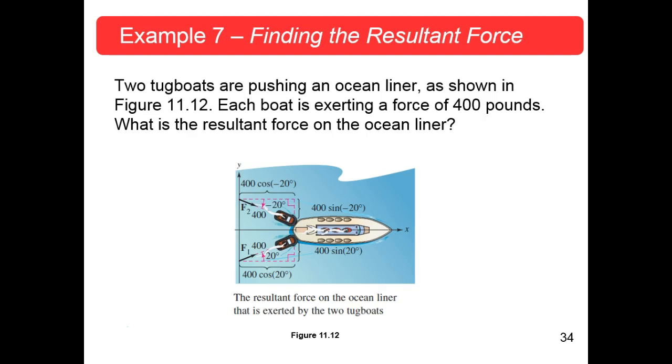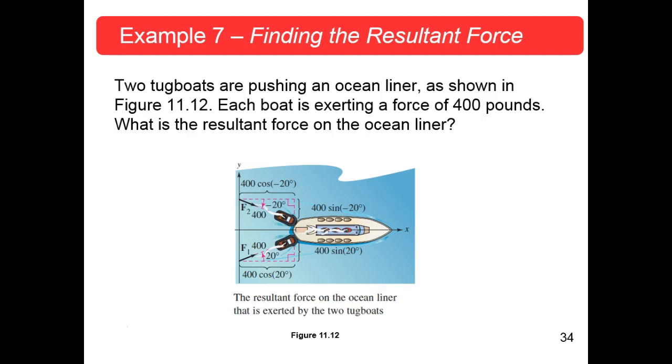Okay, so two tugboats are pushing an ocean liner. These are either big tugs or a small ocean liner, I don't know which. As shown in this figure, each boat is exerting a force of 400 pounds. What is the resultant force on the ocean liner? Here's the angle with the horizontal.